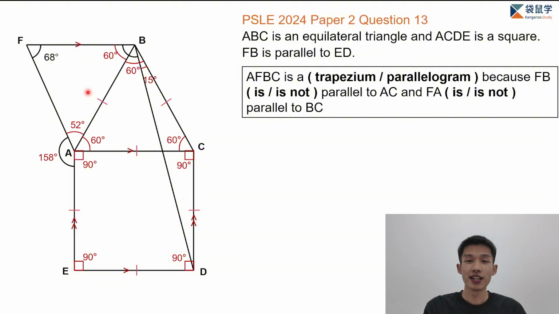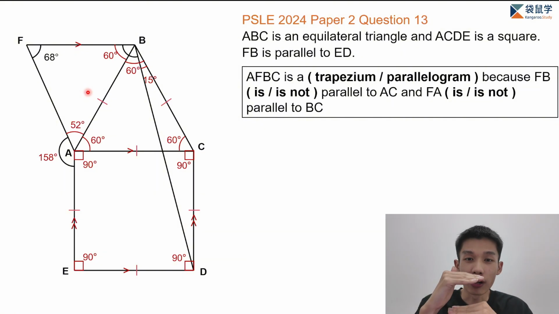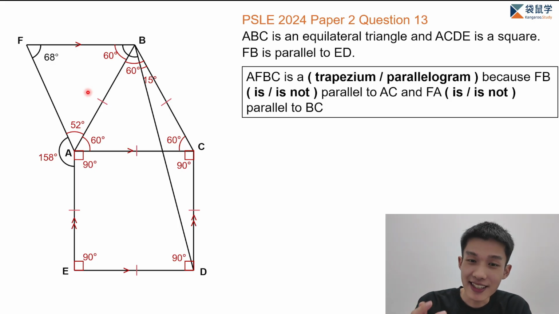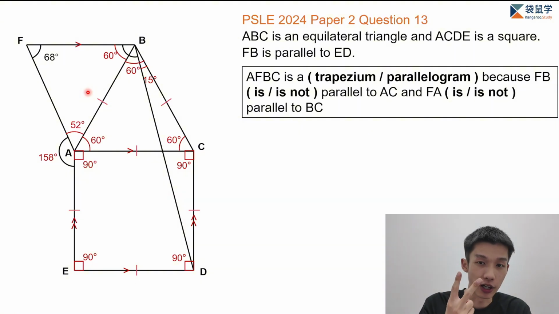Trapezium actually means there's only one pair of parallel lines, and the other two are not parallel, whether they are the same length or not. For trapezium, one pair of parallel lines; for parallelogram, two pairs of parallel lines.